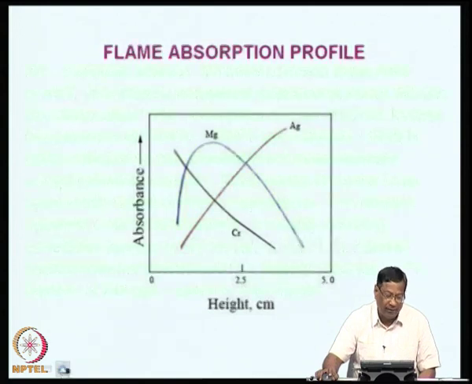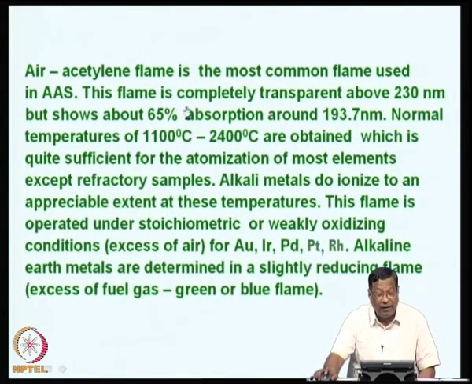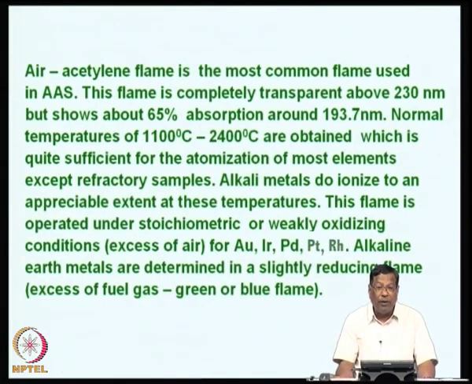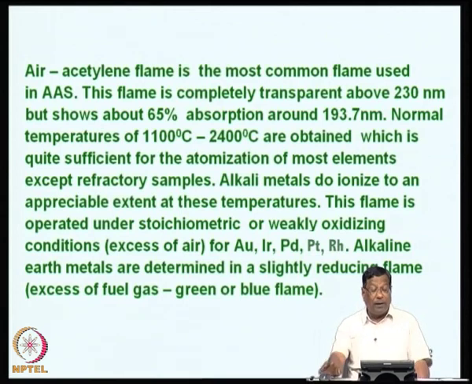So, air acetylene is the most common flame used. This is completely transparent above 230 nanometers. That means you can see through the flame even though it is burning, but as you go down the wavelength, it shows about 65% absorption around 193.7 nanometer.